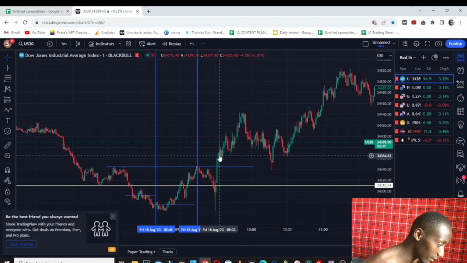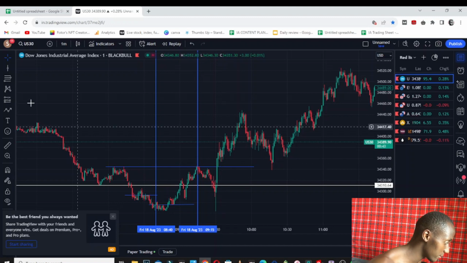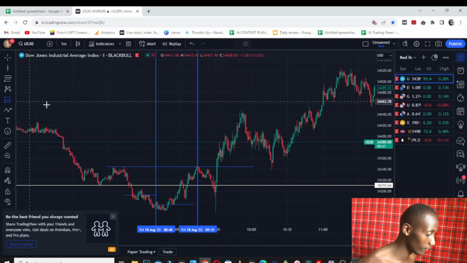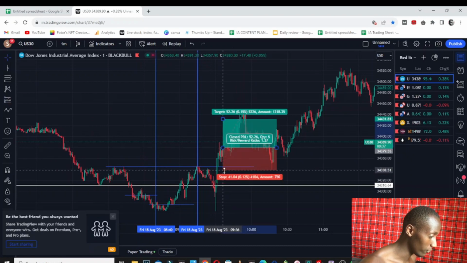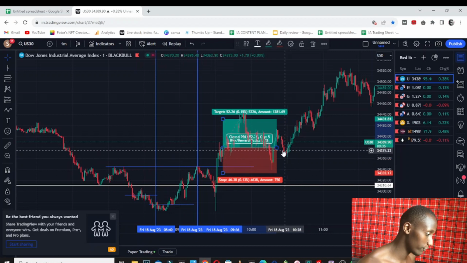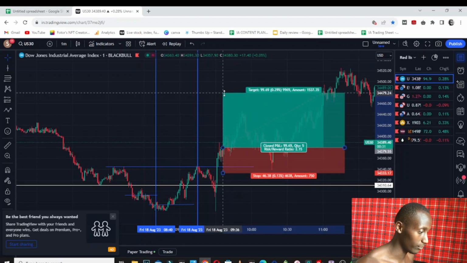So it breaks out, breaks structure, retest, engulfment at 9:36. That is our entry for your 50 pip stop loss, 100 pip take profit.